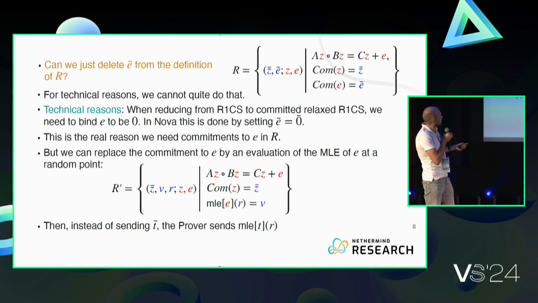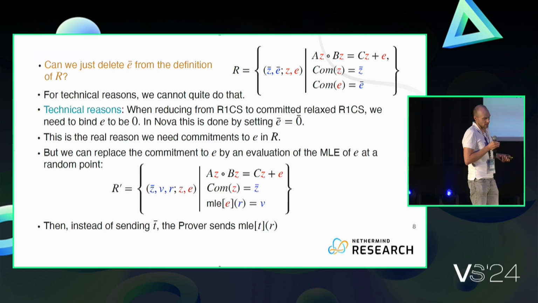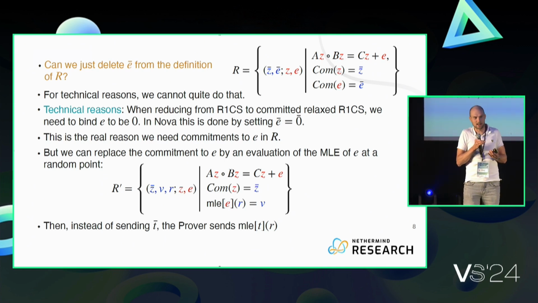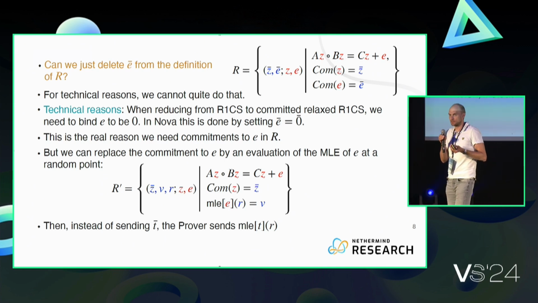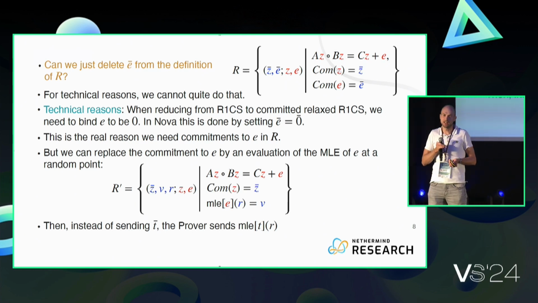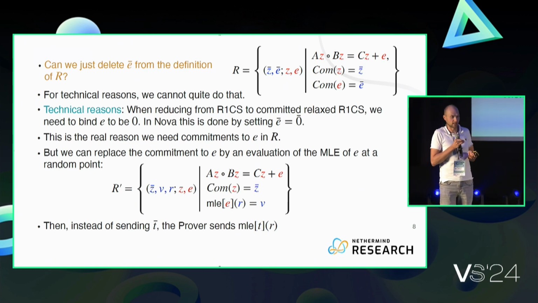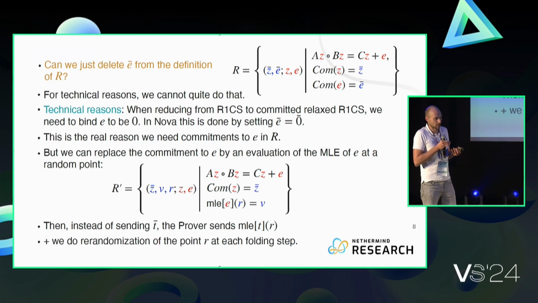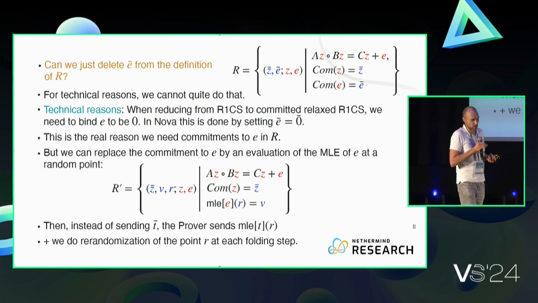And instead of committing to E, we have this multilinear extension of E at some random point r, and the claim is that this multilinear extension gives value V. Now we require the prover to send this multilinear extension instead of sending the commitment to T. We also do some randomization of the point r in each folding step.